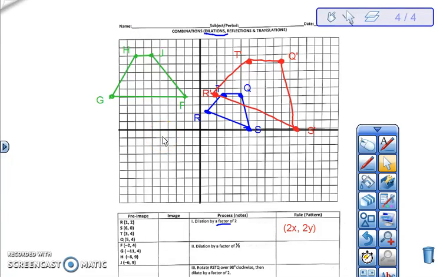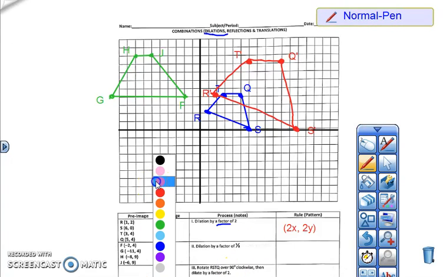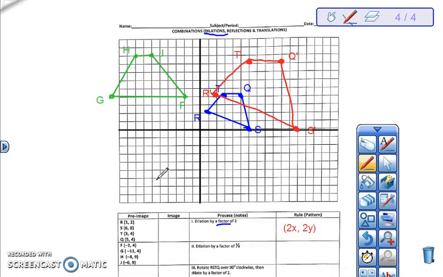And we want to dilate by a scale factor of 1/2. And so as you might imagine, we're going to take these points and make them half as big. So if F is at -2 and 4, the image will be at -1 and 2. G is at -11 and 4, so half of 11 is 5.5.